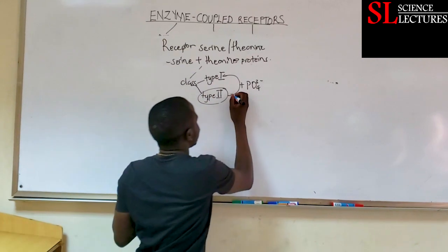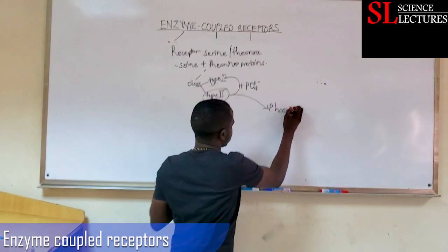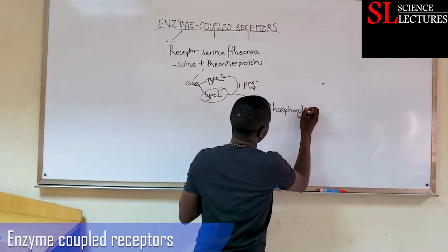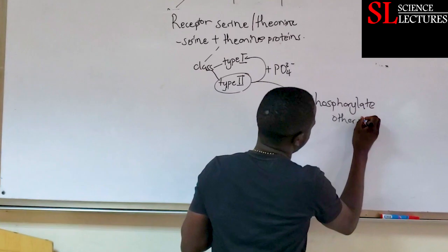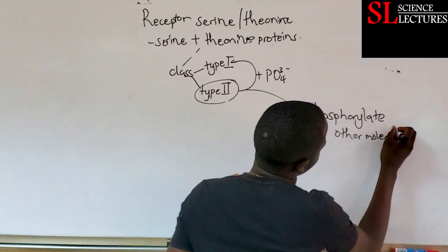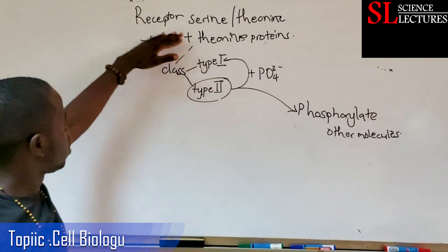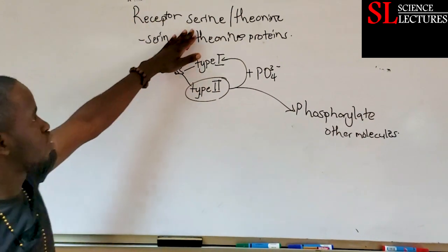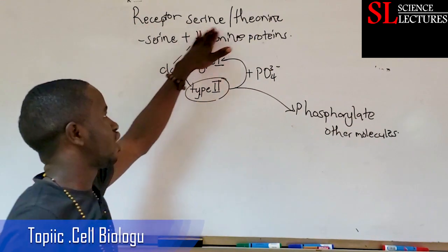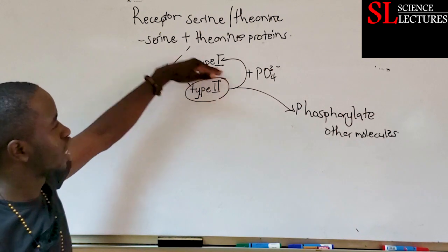Then this type 1 shall phosphorylate other molecules, triggering a cellular response. I repeat, when a ligand binds on the receptor of serine and threonine, it shall activate the type 2, then type 2 shall activate type 1 by adding phosphates.